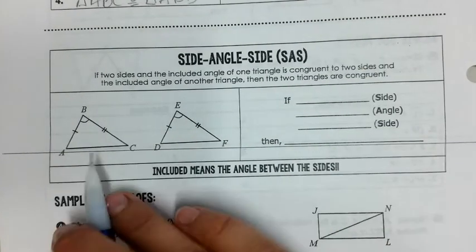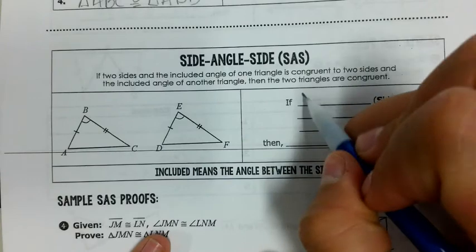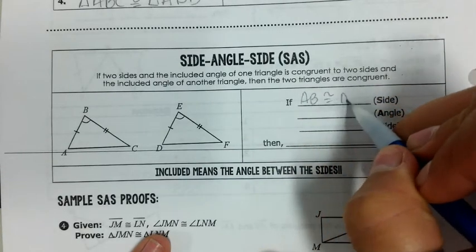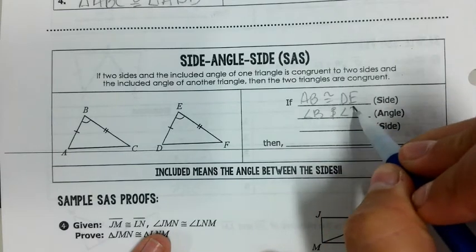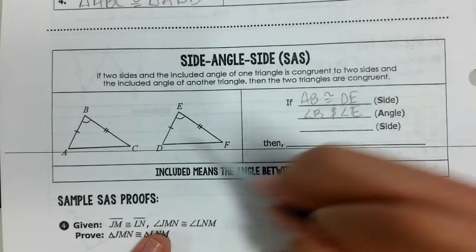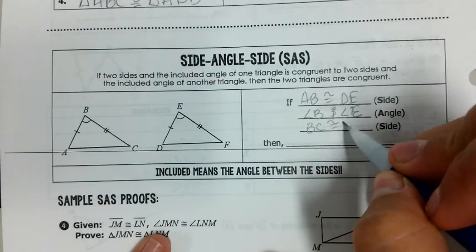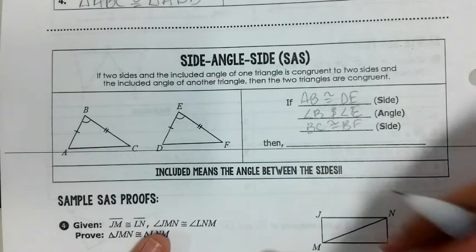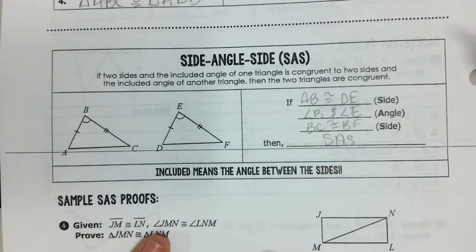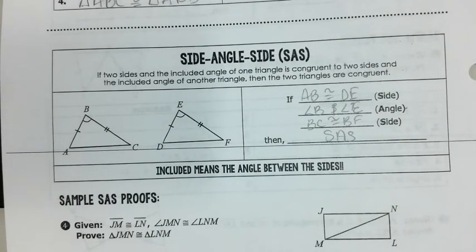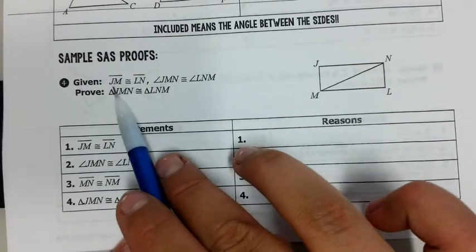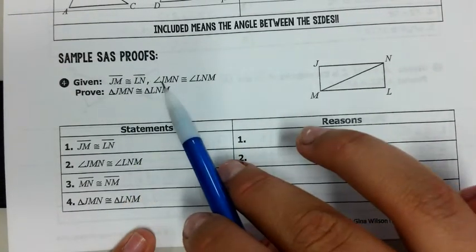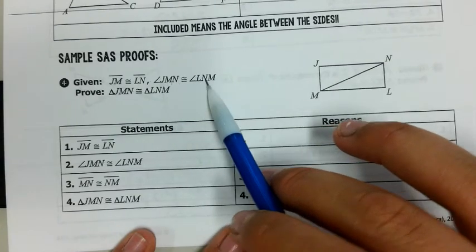Now we're going to talk about side, angle, side. In this diagram, if you have AB congruent to DE, angle B and angle E congruent, and BC congruent to EF, then the triangles are congruent by side, angle, side. Remember, this angle always has to be in between two congruent sides. So let's do a couple proofs. We're told that JM and LN are congruent, and angle JMN is congruent to angle LNM.